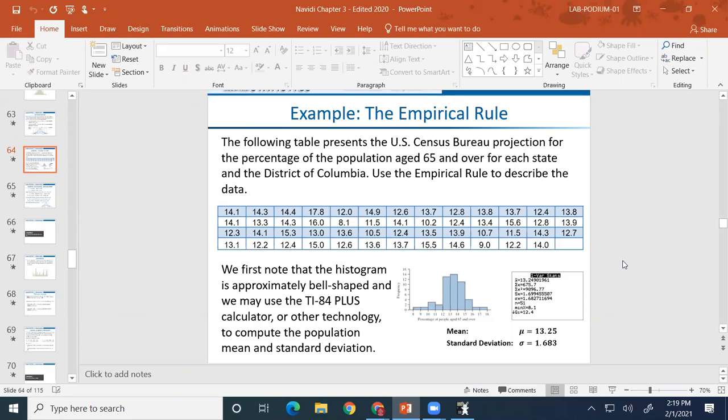But that's very rarely going to happen in real life, so you've got to have a good imagination. And as far as this text is concerned, that's considered approximately bell-shaped. But they gave us these 2 values here. That was the mean and the standard deviation, okay? Those are the ones we're really concerned about once we find out that it's normally distributed.